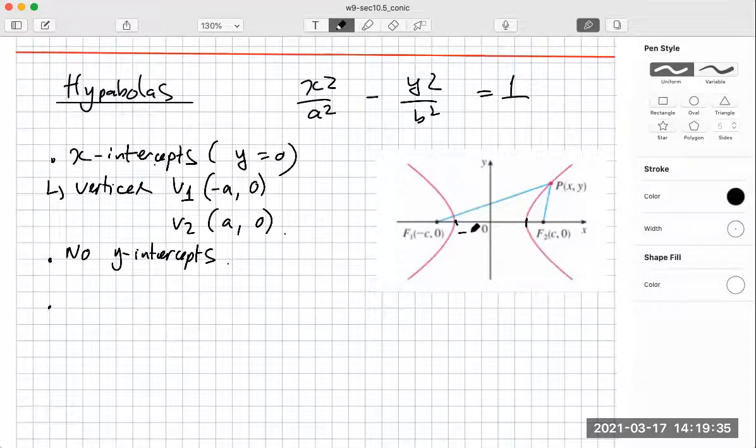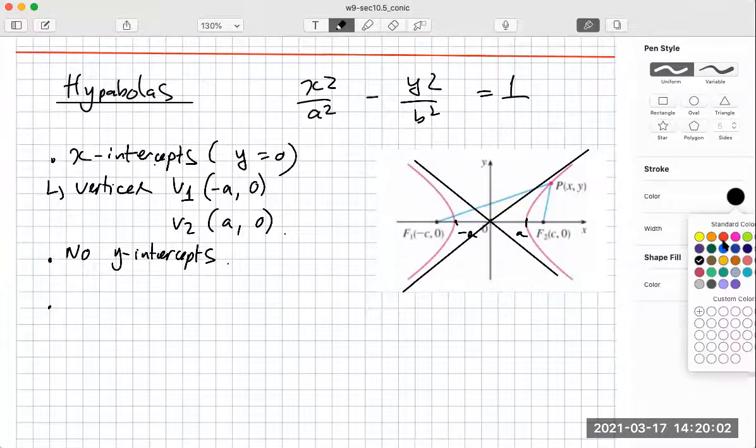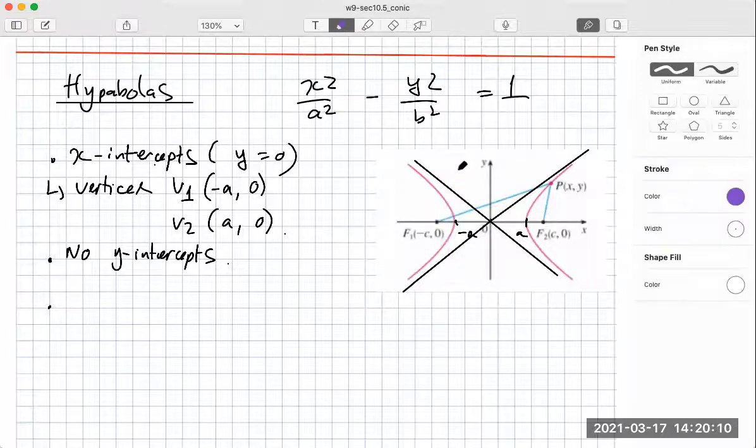Here, this is negative a, this is a. We draw this rectangle like this.